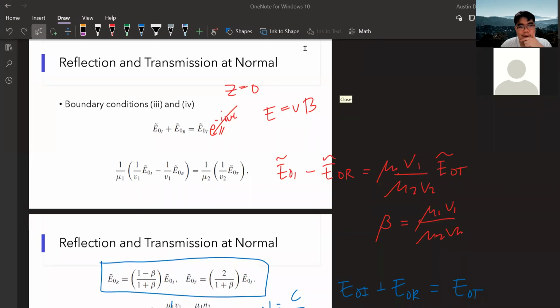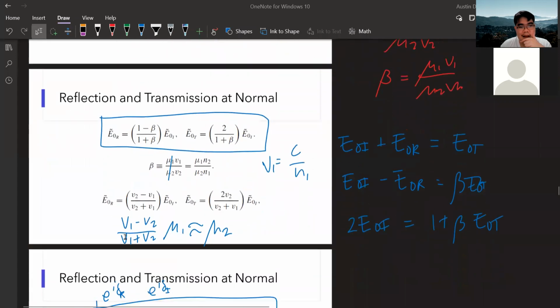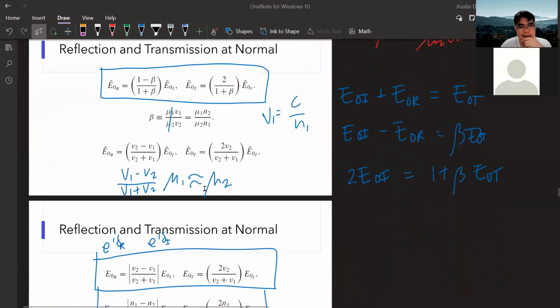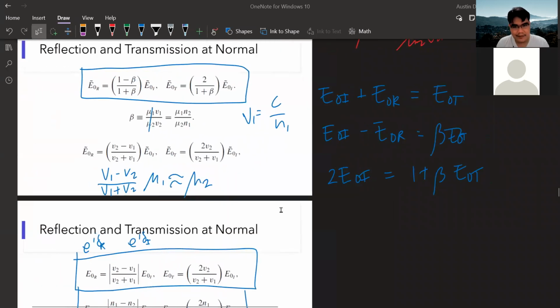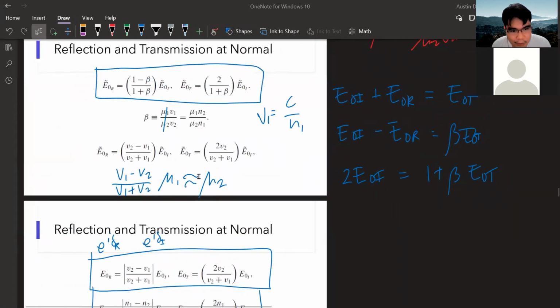Doon po sa mu1 is equal to mu2. Dito, okay. So sinabi ko na at most materials, yung mu1 is equal to mu2, tama ba? Ayun yung huli kong ano. Tama ba? Okay, so at most materials, guys, sorry. Most materials, ang mu1 and mu2 mo ay equal lang.